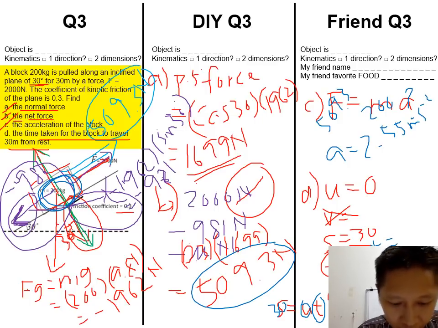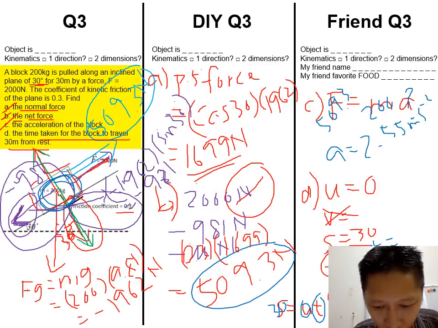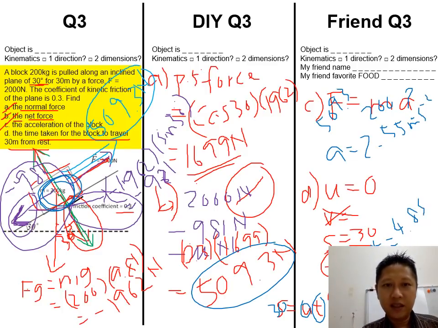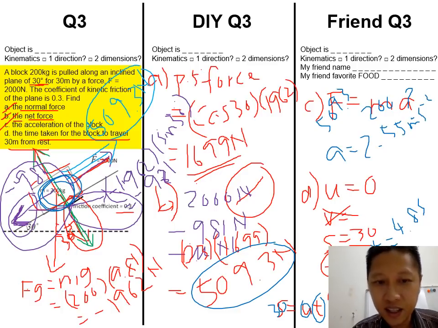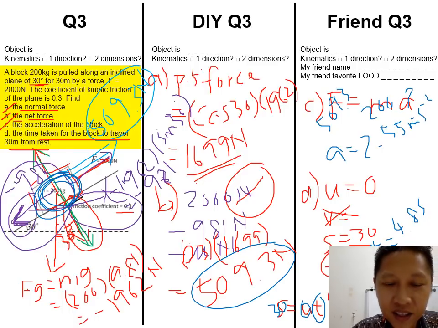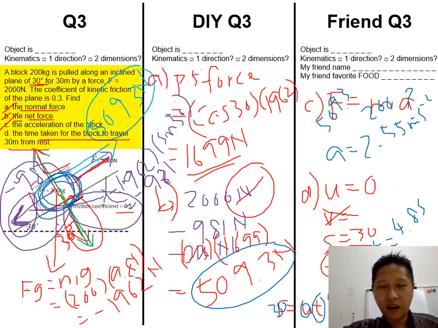So we can find the value of T. The T will be 4.8 seconds. Means that using the 2000 Newton force, after 4.8 seconds, this block moves 30 meters. How far is 30 meters? That's roughly 30 of your steps.